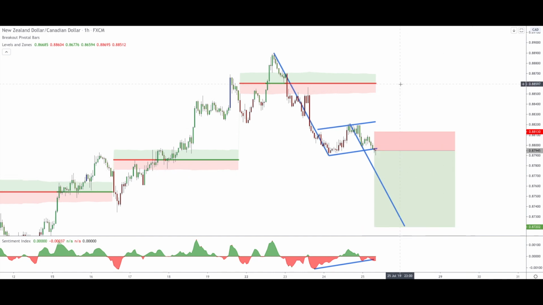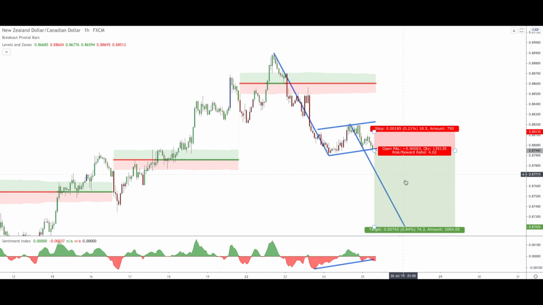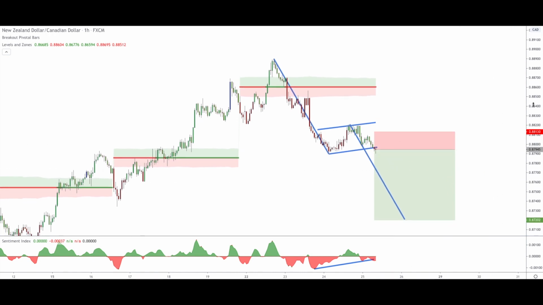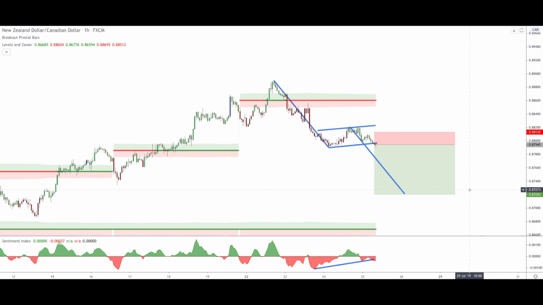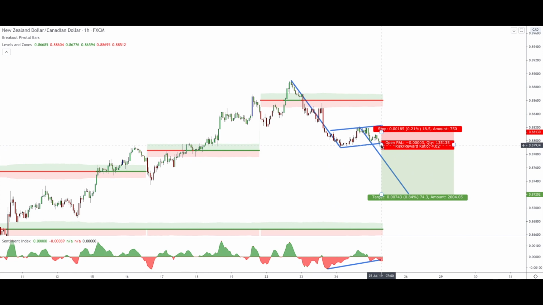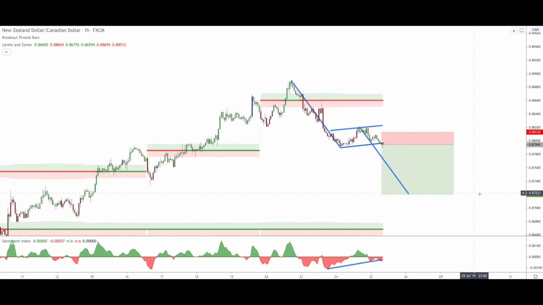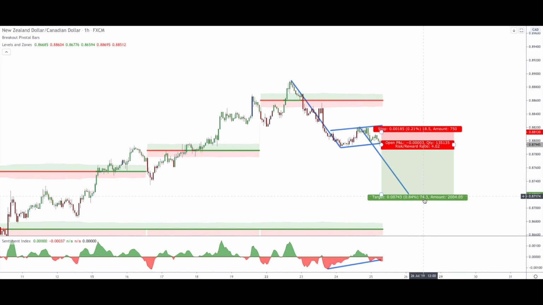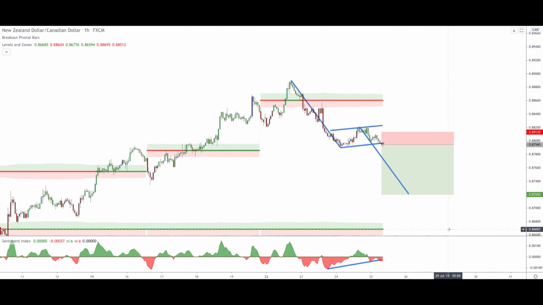Moreover, the extra confirmation was given by the levels and zones indicator here, which signals that we have a significant resistance up here. So the price will likely fall down. And let me show you also this for you. Below here we have a strong support. So the likely scenario is that the price will come down, and probably, but I'm not sure given this price action right now, it could fall all the way down to this level here.